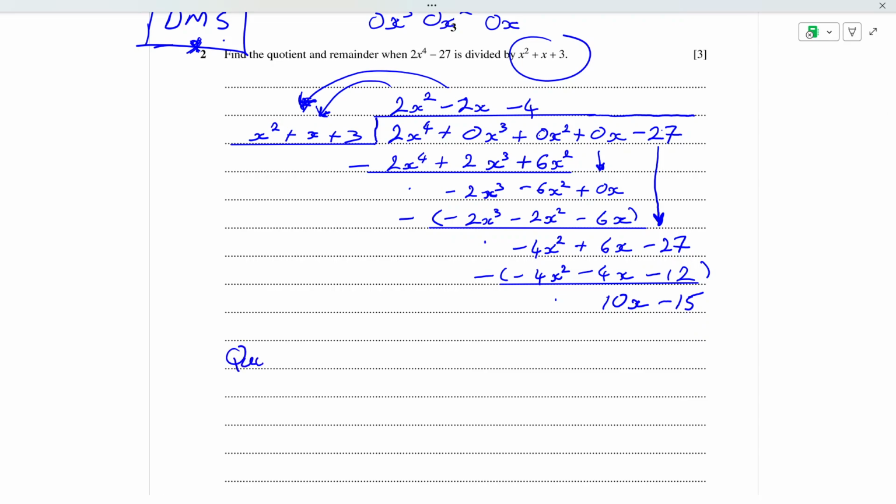So your quotient, which is the answer, will be this right here, and your remainder will be this right there. So you have 2x squared minus 2x minus 4.